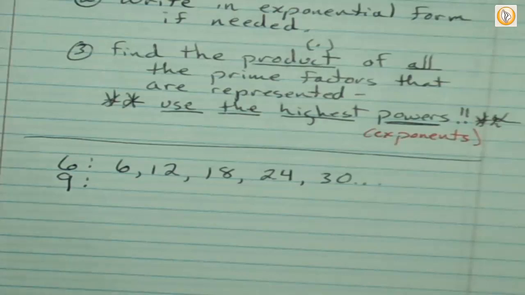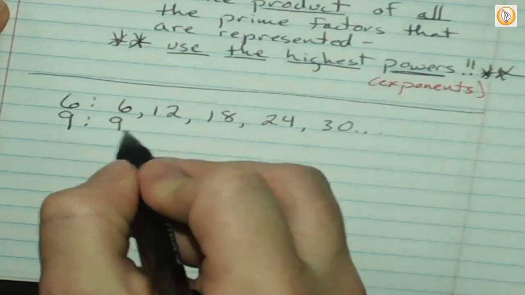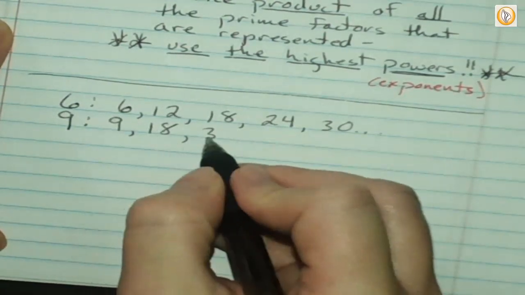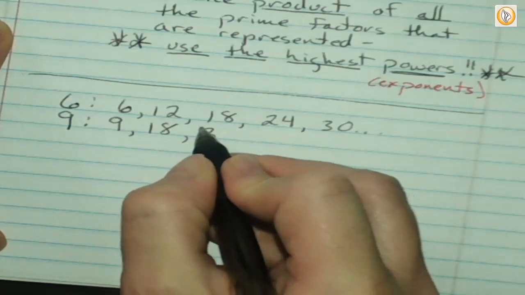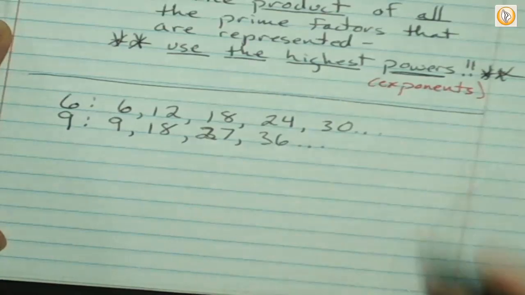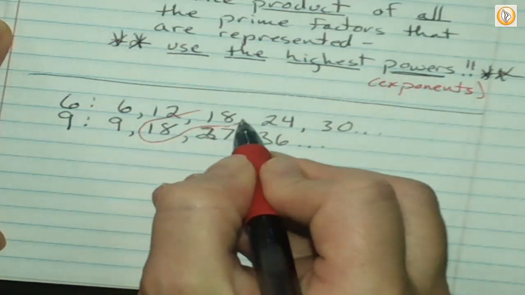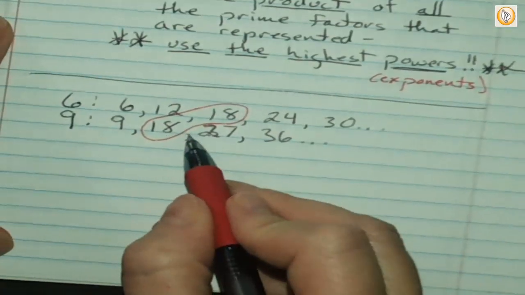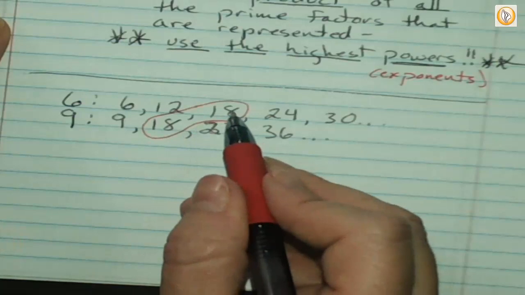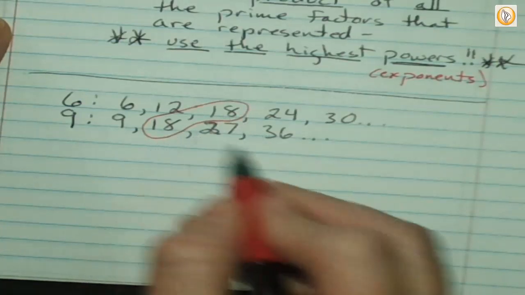So what are the multiples of 9? 9, 18, 27, 36, etc. Notice that's the first number that they both have in common. That's the first multiple that they have in common.